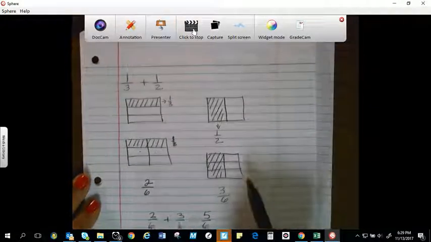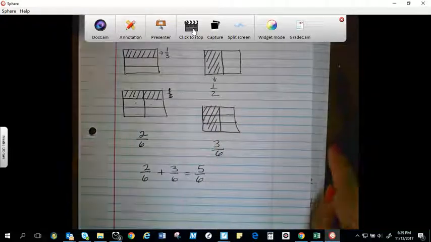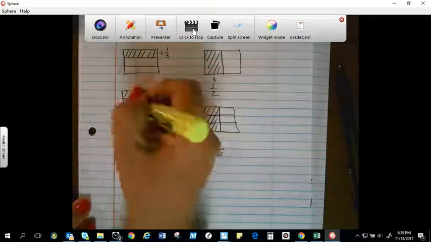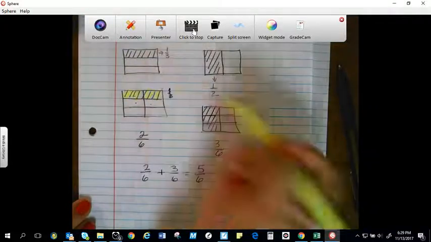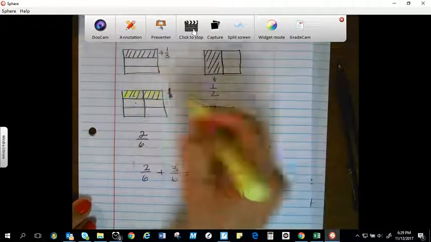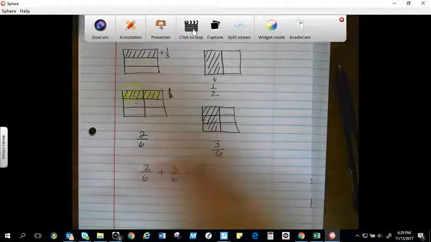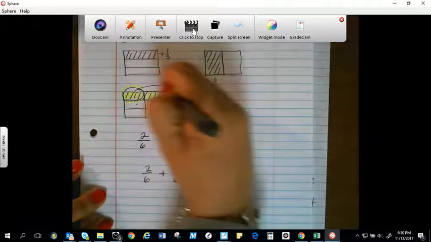If I were to combine these here, just to let you know, let me show you. If I had this here, and I wanted to add these over here, I would take this here and place it on this side.